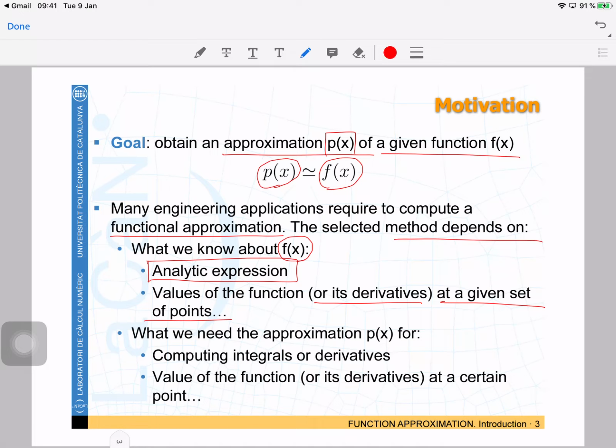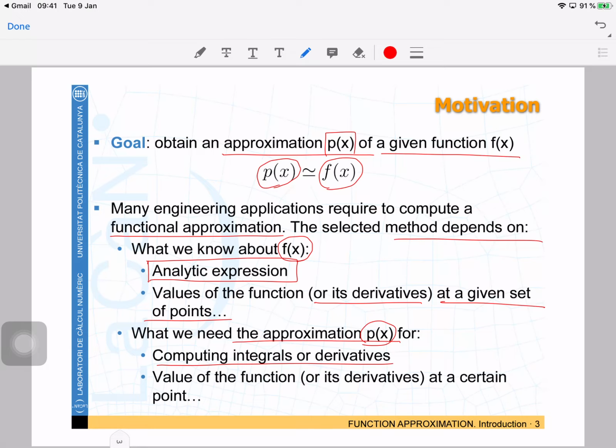So the information about f(x) is important, and also we need to know why we are approximating basically the function f(x) with p(x). So we need basically this approximation for computing integrals and derivatives. Suppose that you have a set of data from f(x), but you want to compute an integral of this function, an approximation function, or derivatives on certain points.